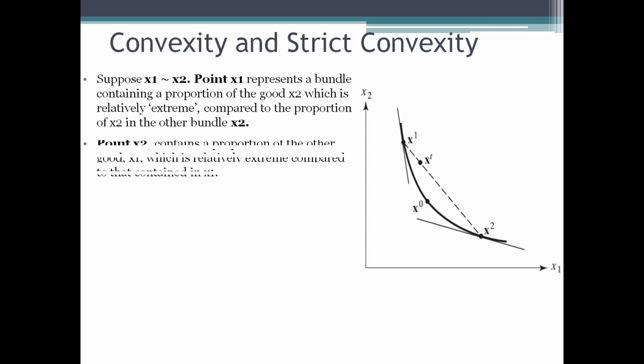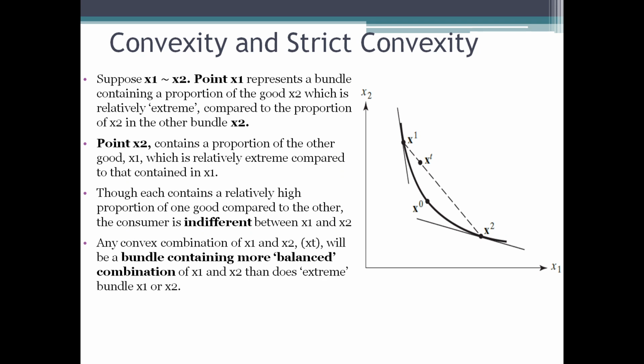But if we look at the consumption bundle x2, we can see that it has a higher proportion of commodity x1 and a lower amount of commodity x2. Although they lie along the indifference curve, so any consumer will be indifferent between x1 and x2, both give the same level of satisfaction, the same level of utility, but they have different proportions of commodities.